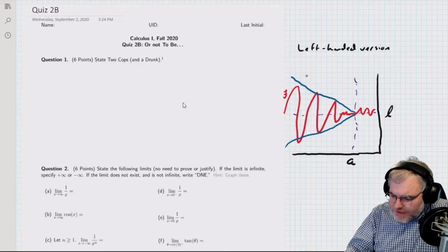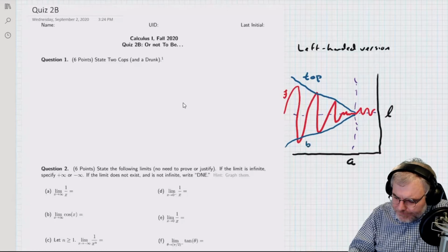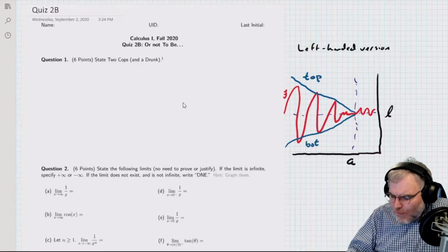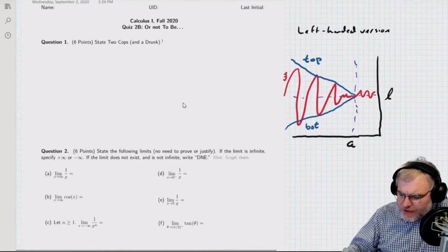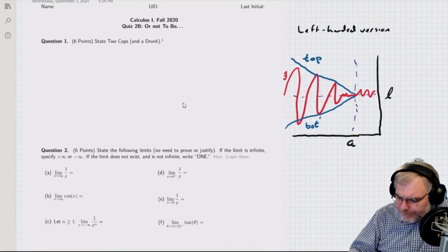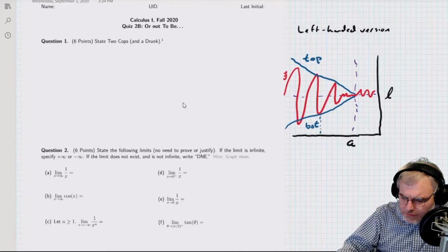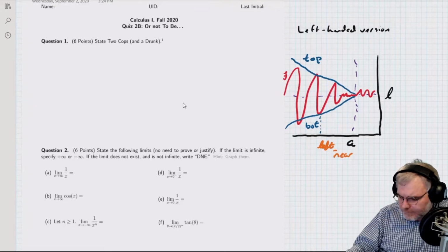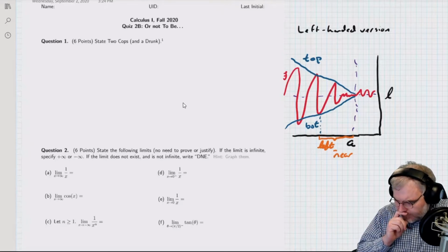These are functions that are easy to deal with. And then I've got some point after which the function is trapped between them. I'll call this thing right here left near.